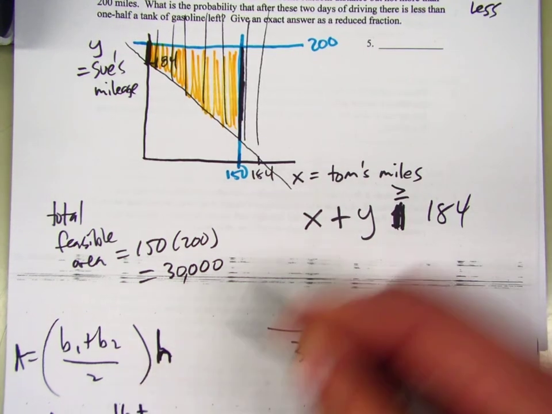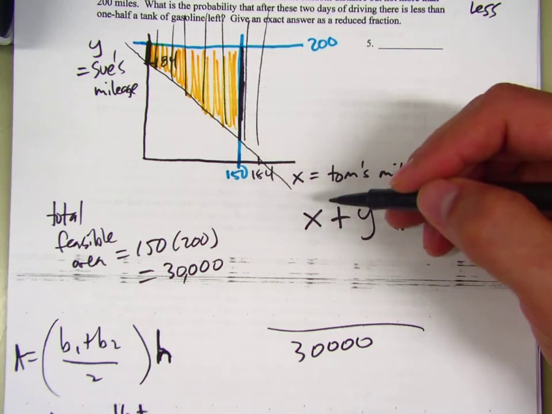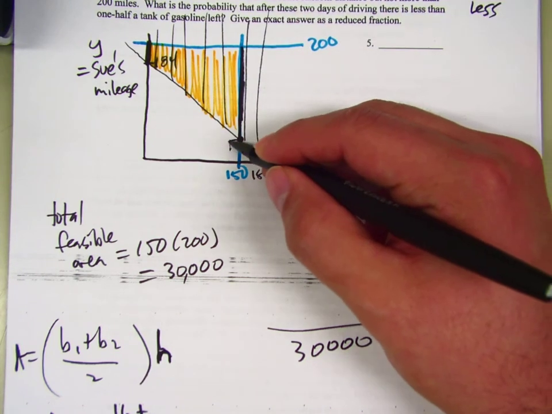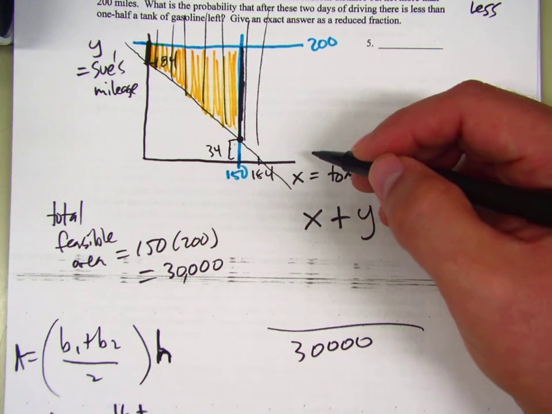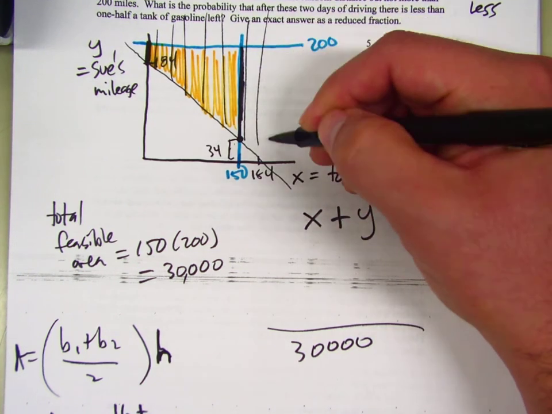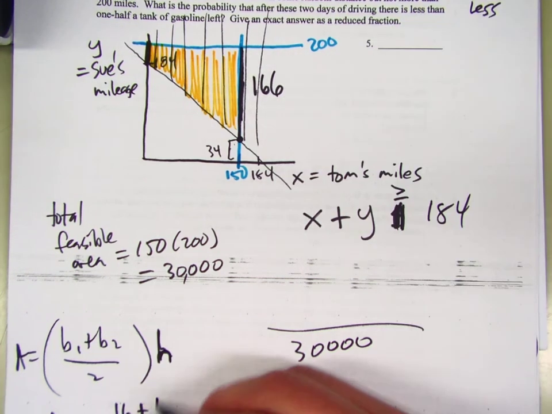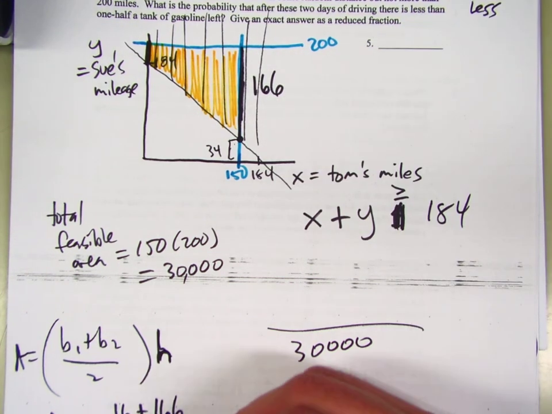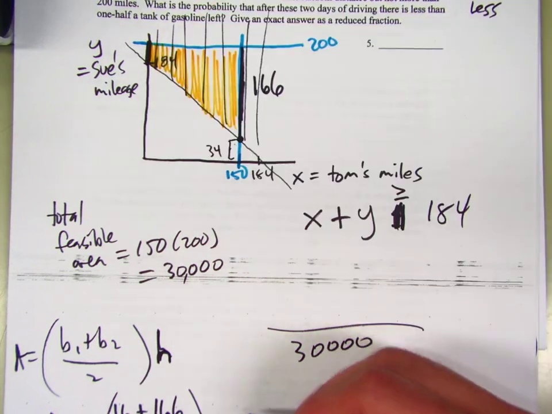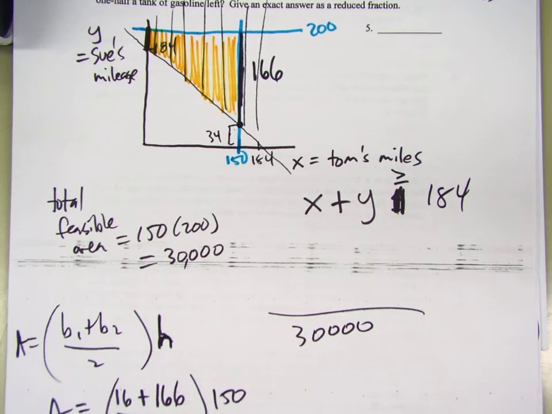So how long is this tiny little base? 16. How long is this one? Well, this here is 34, right? So how long is this up here? 166. And so it's 16 plus 166 over 2. And now the height is 150. I'm looking at it sideways.